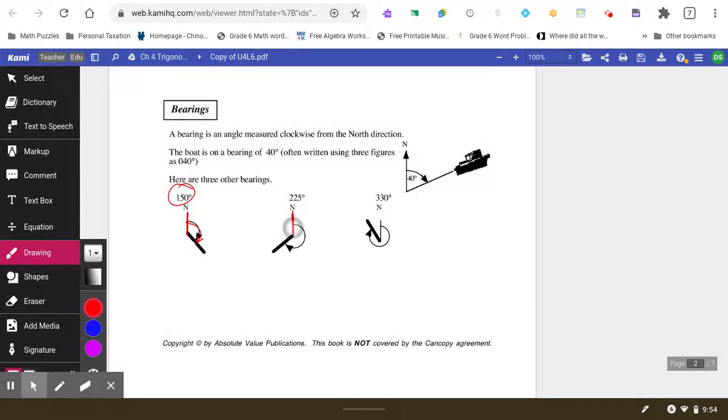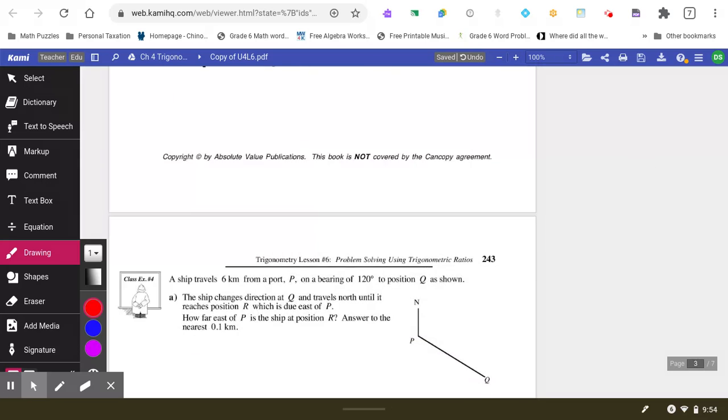So 225, you first start with your north line, and you go all the way around to 225. 330, of course, all the way around is 360, so not quite there. All right. A boat is on a bearing of 40 degrees, so you would plot your north line, and then you go 40 degrees.